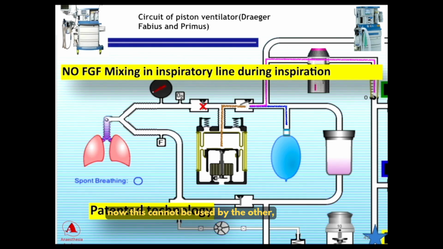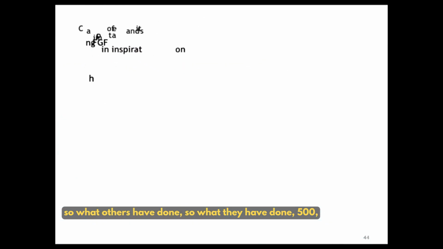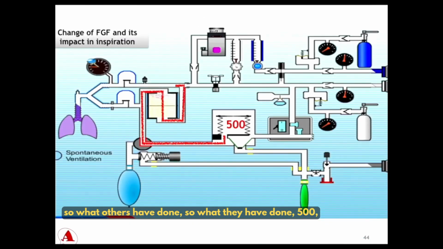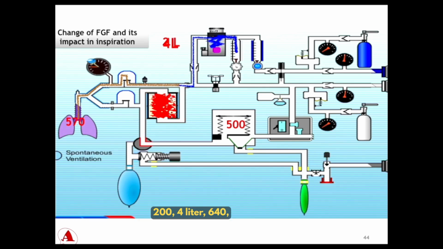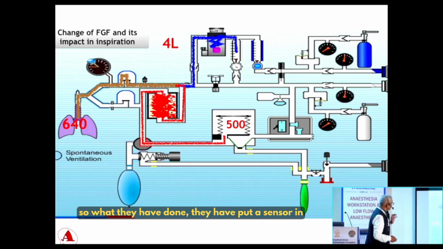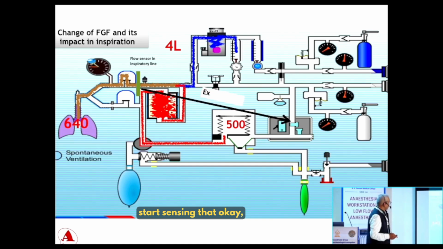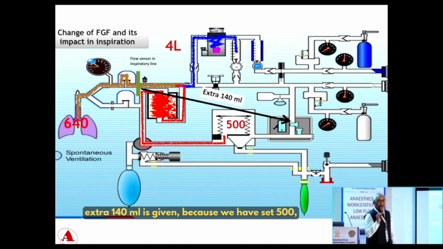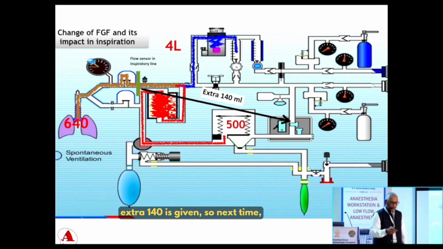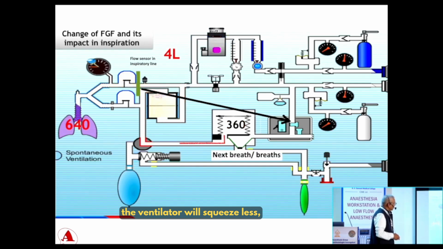Now this cannot be used by the others. So what have others done? With 500, 2 liter, 4 liter, 640, they have put a sensor in the inspiratory line. This sensor will sense that an extra 140 ml is given because we have set 500. Since extra 140 is given, next time the ventilator will squeeze less.